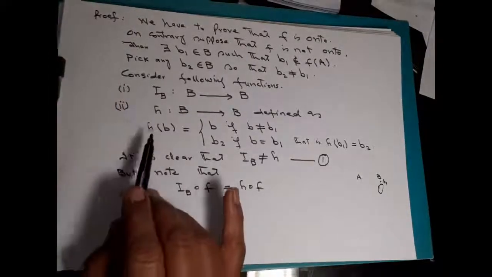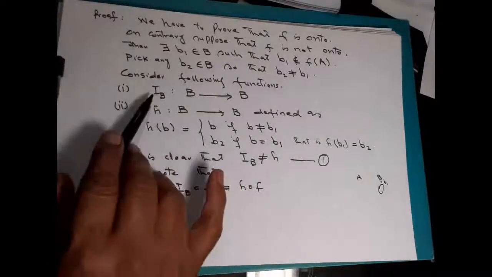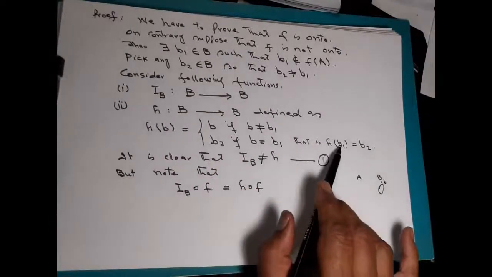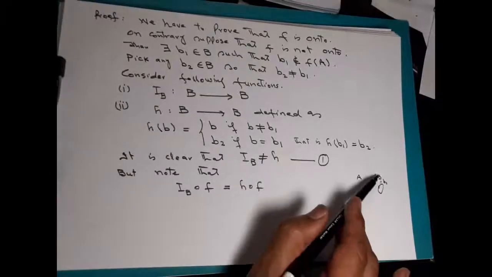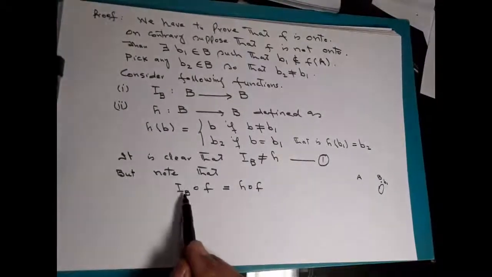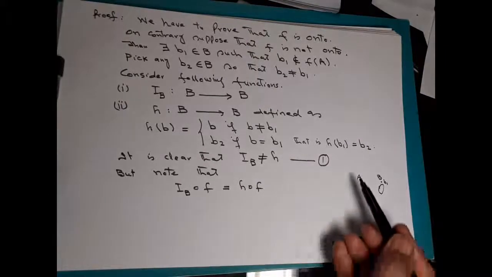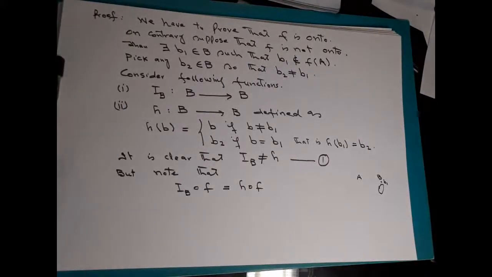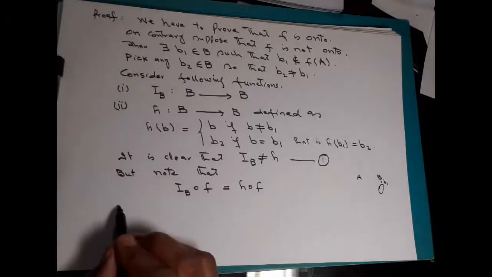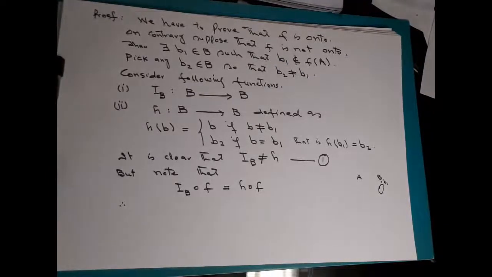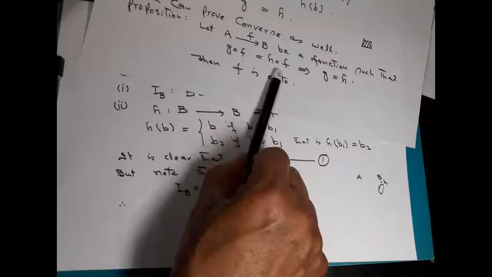And I have told you that the h function is almost the same as the identity function except at b1, and since b1 is outside the image, therefore these two will be equal. You can draw the diagram and you can see it very easily. So identity function composed with f is the same as h composed with f, and therefore now let's come to the hypothesis of our proposition, which says that if compositions are equal, then f is right cancelable, then g is equal to h.